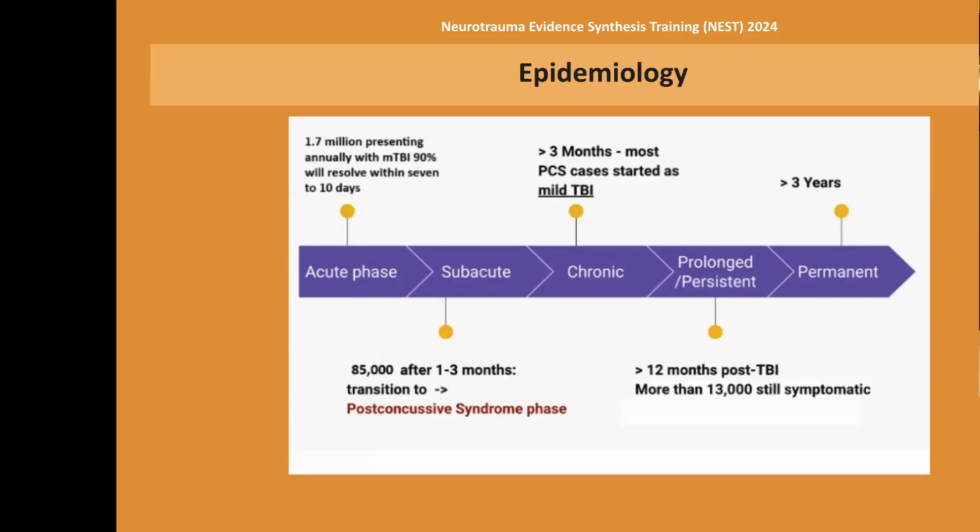About 50% of the people who did not resolve at about 1 month will still be experiencing symptoms. So that's about 85,000 people. And again, remember, this is annually. So every year this is happening again and again, that 85,000 more people after a month post-concussion are developing PCS.